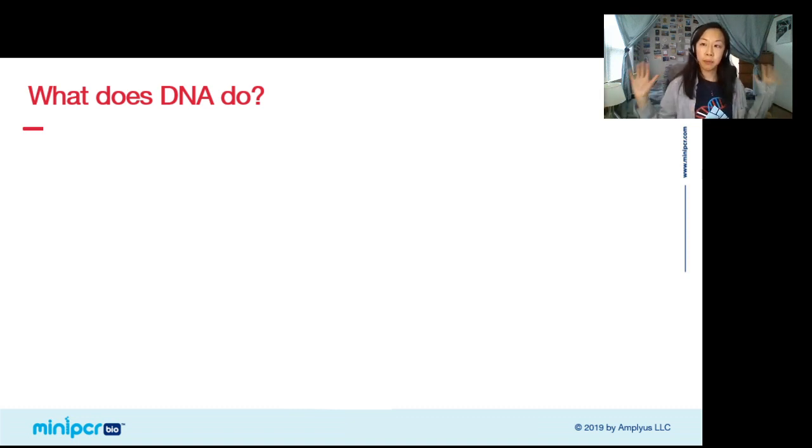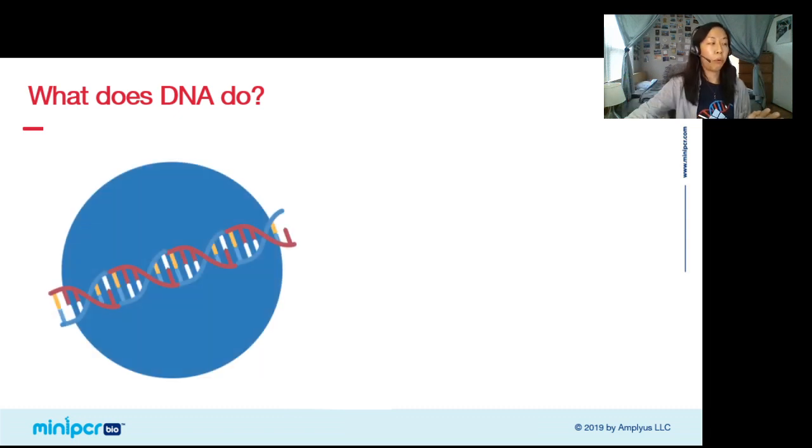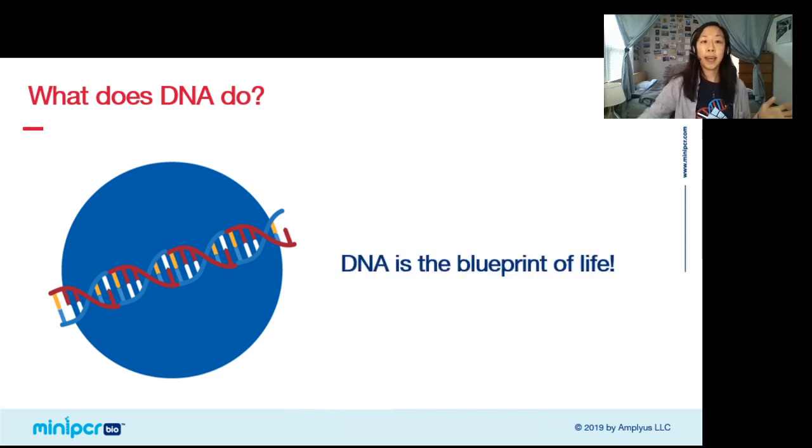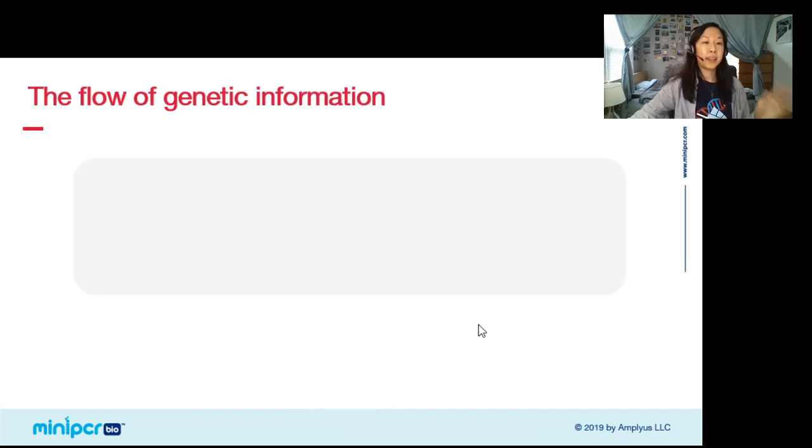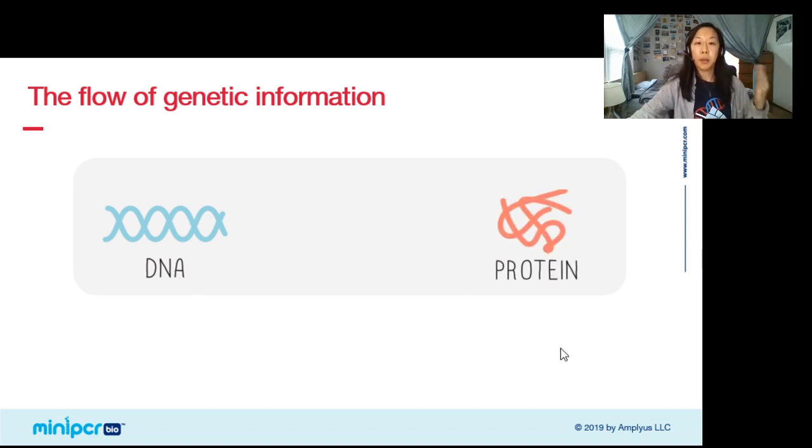So, we're going to take it a step back. Most of us know what DNA is, and that we each have a unique DNA sequence that makes up who we are. But how does DNA do this exactly? DNA is actually the blueprint for life. It's the instructions needed for us and all living things to survive. Now, these instructions from DNA are used to build proteins. Proteins are the tools that provide structure and function for all of the cells in your body to keep you alive and make you who you are.